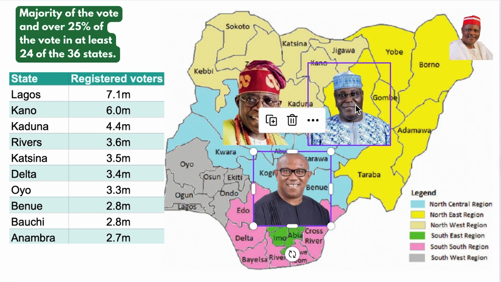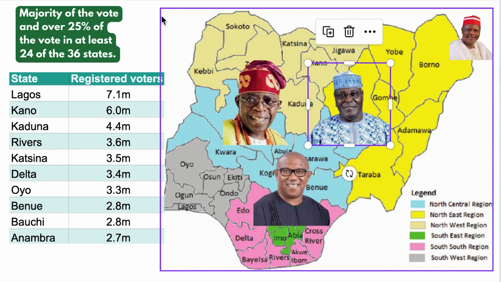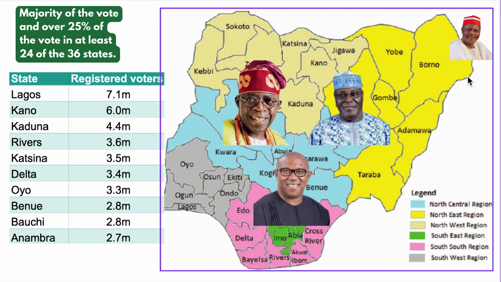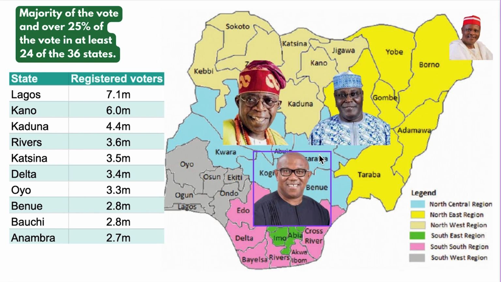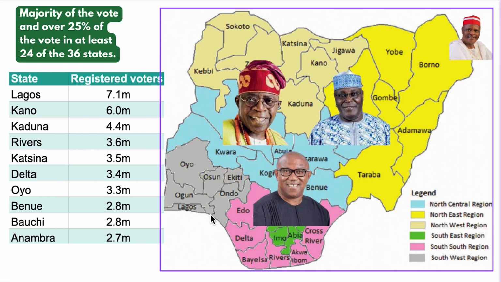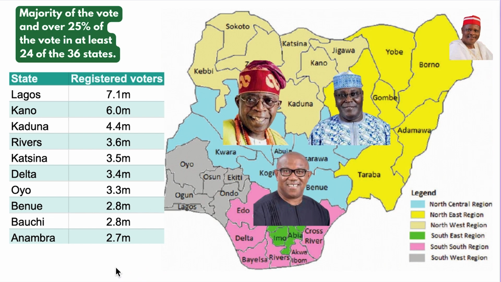The private sector is very important, to keep all the services and infrastructure running. And then there are others, Sowore and all of those. I don't think Sowore is going to get that many votes really.